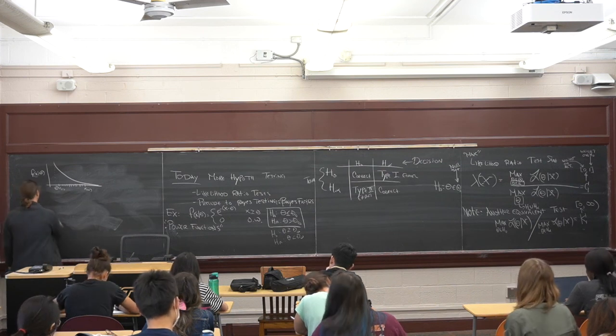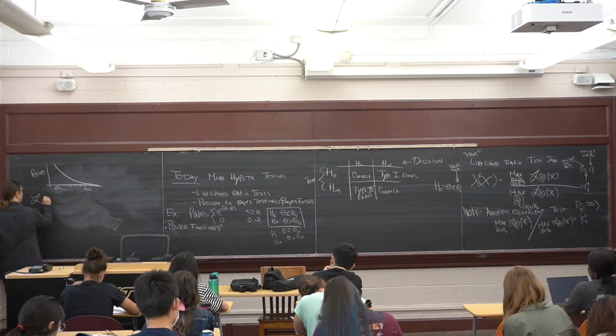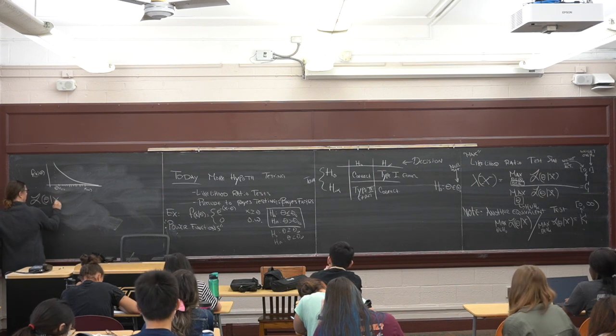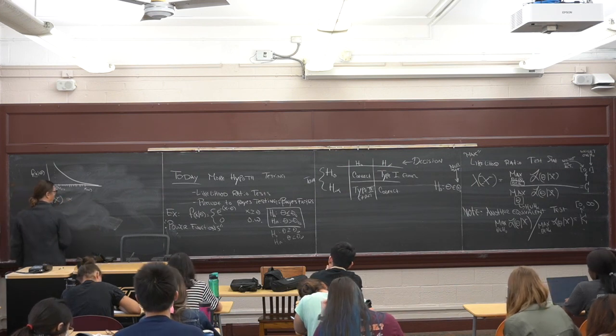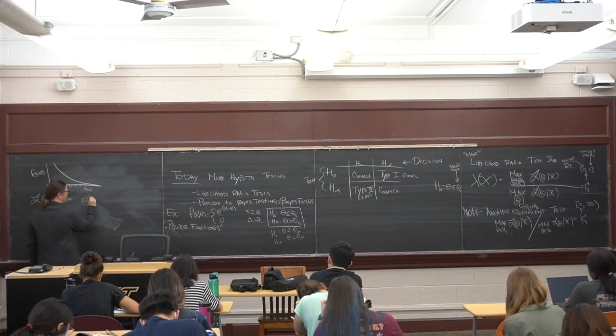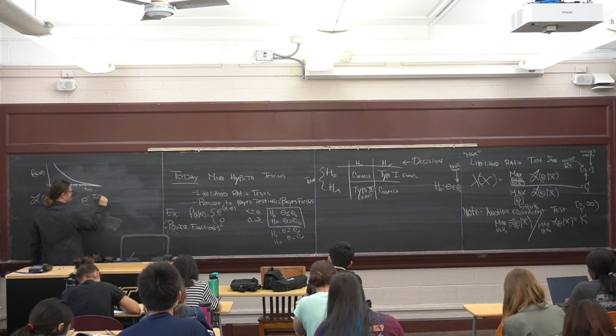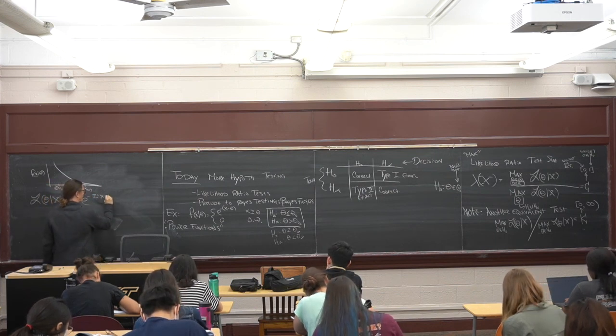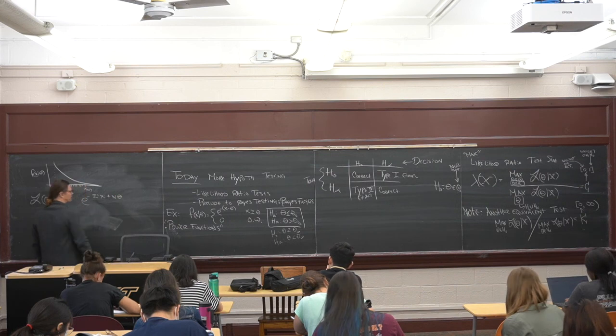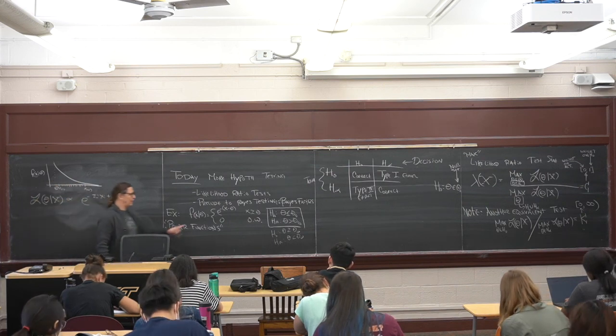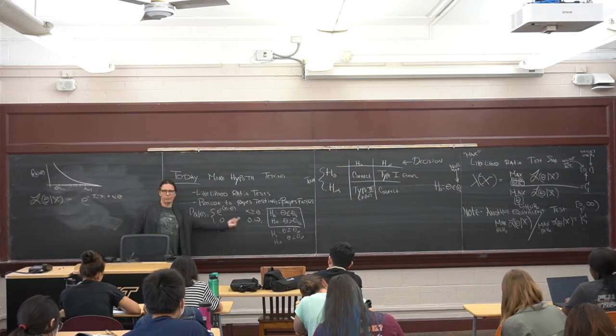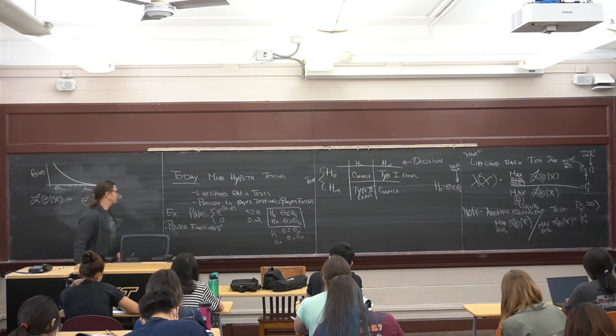The likelihood's a little bit different. So the likelihood function is going to be proportional to e to the minus sum of the xi's plus n theta. So all I did is I just plugged in an xi right there and took the product across it. And that's the likelihood function.